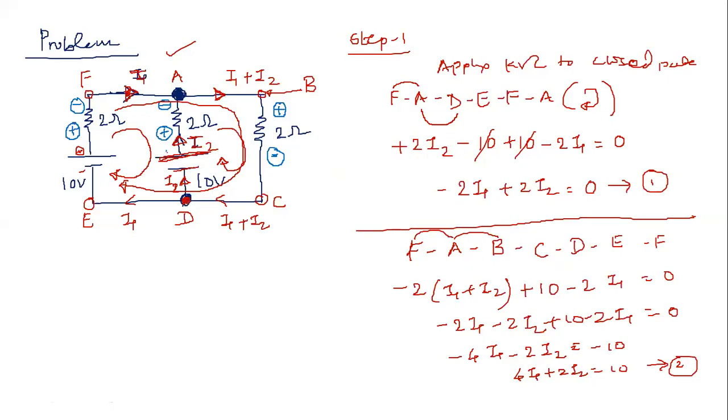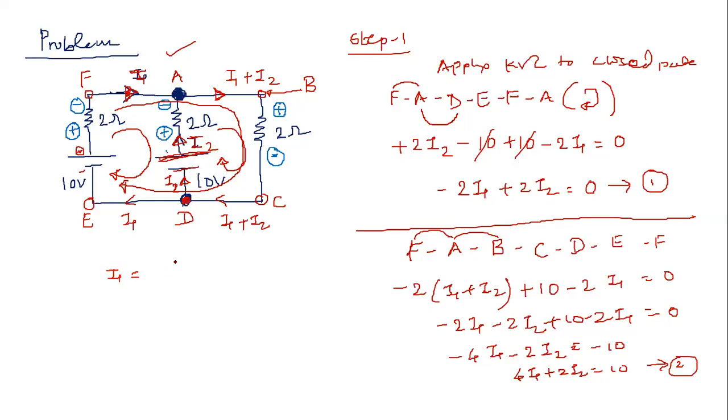Up till now, we have seen only one source in a circuit. Then we tried to solve this one in the last lecture, and we arrived at these two equations, right? If you solve these two equations, you'll end up getting the answer, which you can verify with the simulation. So you will get I1.